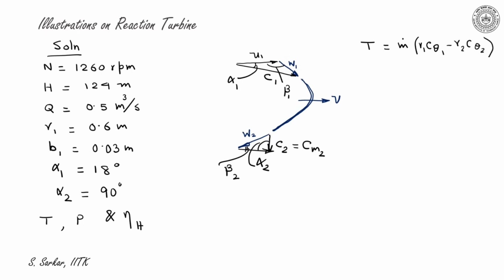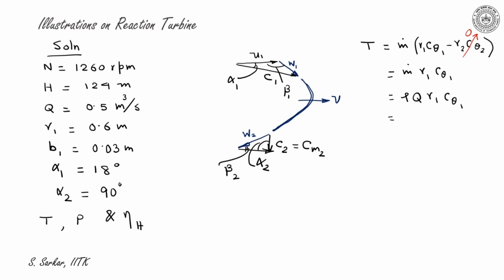Now c theta 2 is equal to 0, so this part would be equal to 0. So torque would be equal to m dot r1 c theta 1. Now m dot can be written as rho into Q, so torque is rho Q r1 c theta 1. This is the expression for torque.